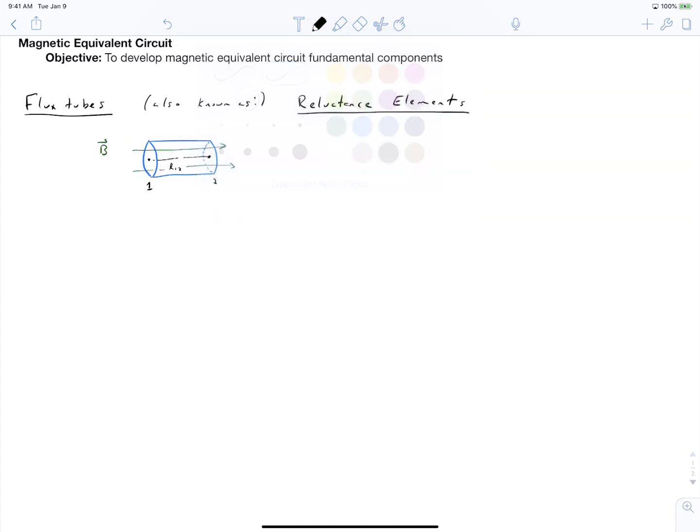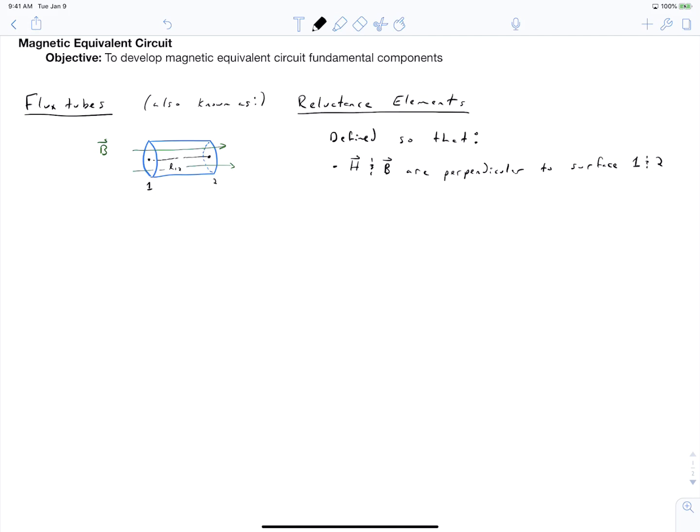And we've created our flux tube so that the following items are true. In fact, we've defined the flux tube to ensure that these will be true. We've defined it so that the H and B fields are perpendicular to the two surfaces.